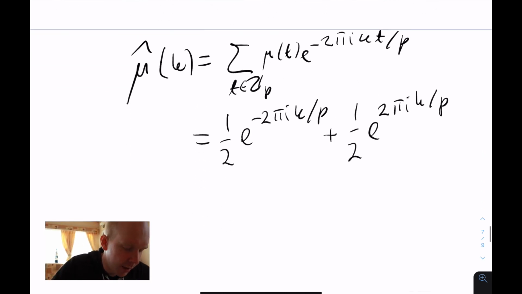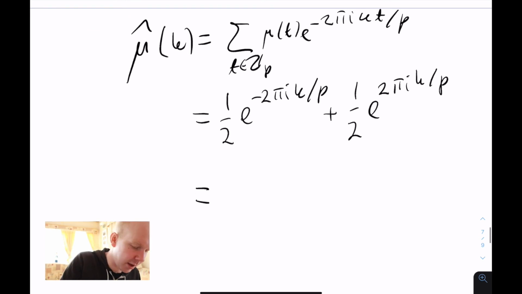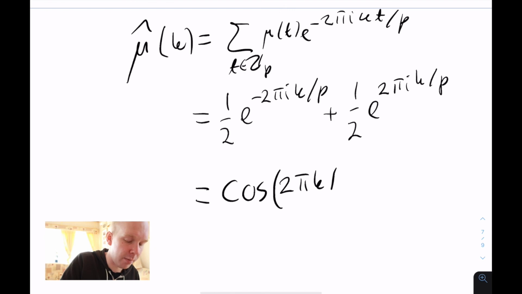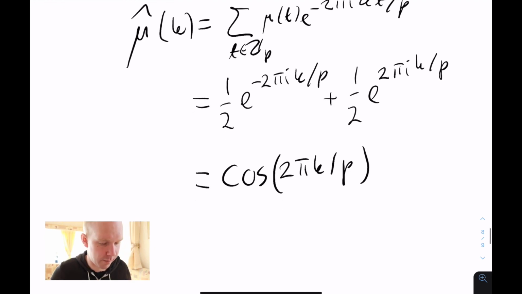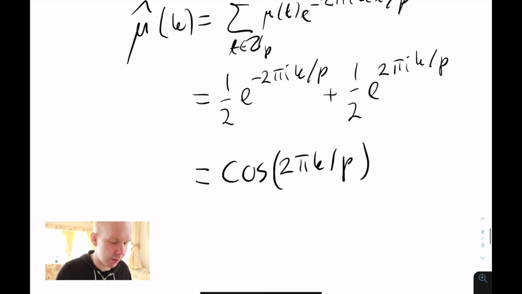And then there is a formula in complex analysis that if you have an average of these types of complex numbers, this is the same as cosine of 2 pi k over p at the frequency that we have taken. So now you can see that this complex number is somehow in between. Depending on the values of k, you might have very small values or large values.